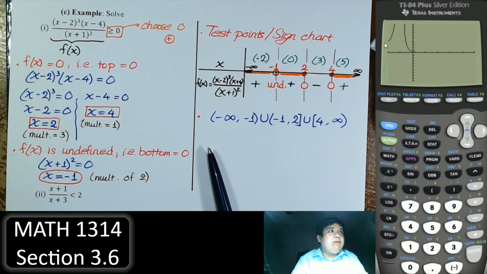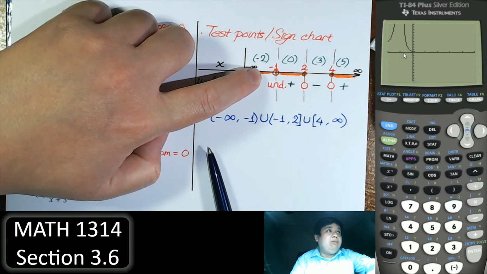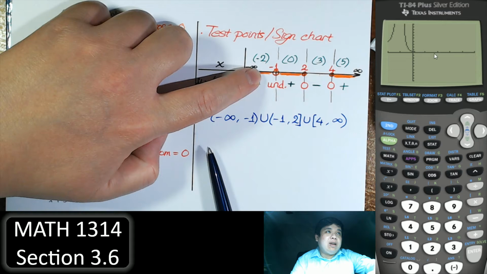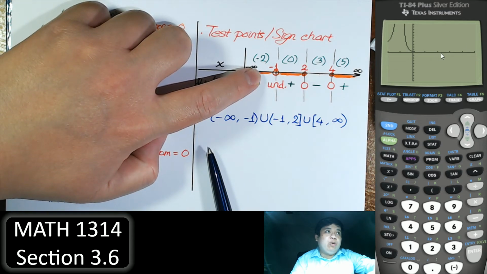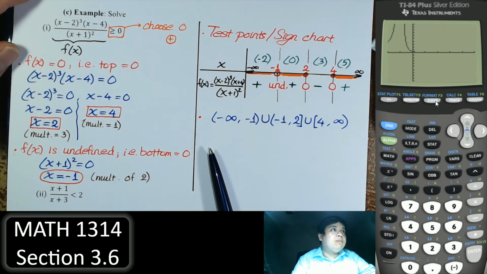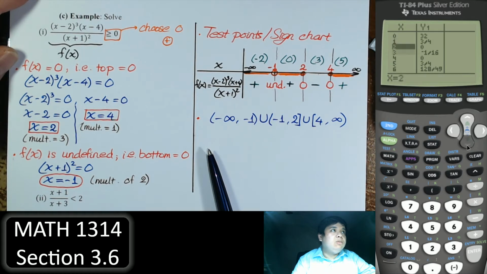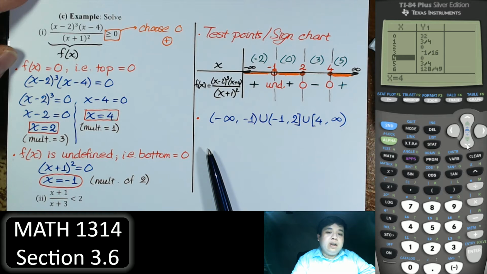Right, so we have positive up to -2, but not including -1, and then from -1 to 2 is positive, and after that is positive. This part is difficult to see because that value is very small. So we just look at the table. Yeah, for 3 and from 5 and on, those values are kind of small. Right, so that's what we have.